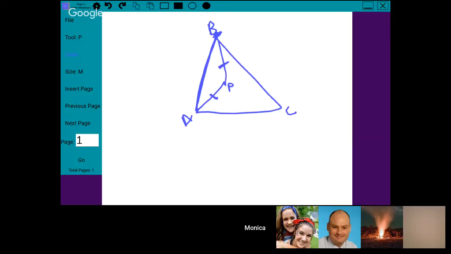Okay, so do we have enough information to say that it would be on the perpendicular bisector of AB? Yes, we do. So the answer to that one would be B.